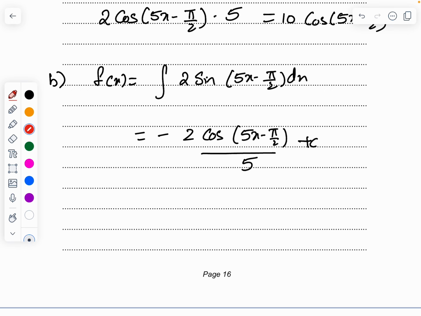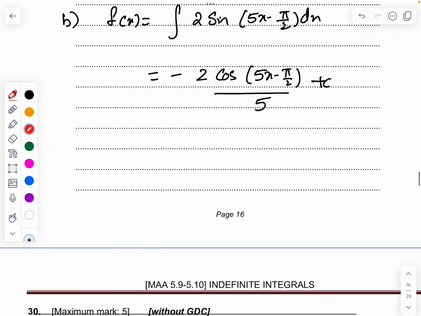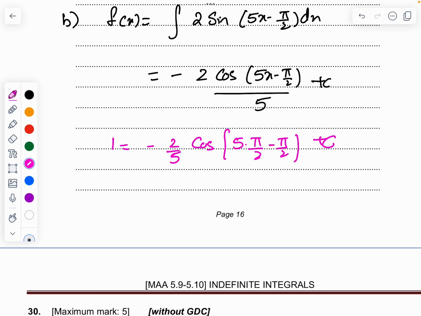Now plug in pi by 2 and equate to 1, because he gave that f of pi by 2 is 1. So what does that become? 1 equals minus 2 upon 5 cos of 5 times pi by 2 minus pi by 2 plus c. So 1 equals 1 plus 2 by 5 cos 2 pi.